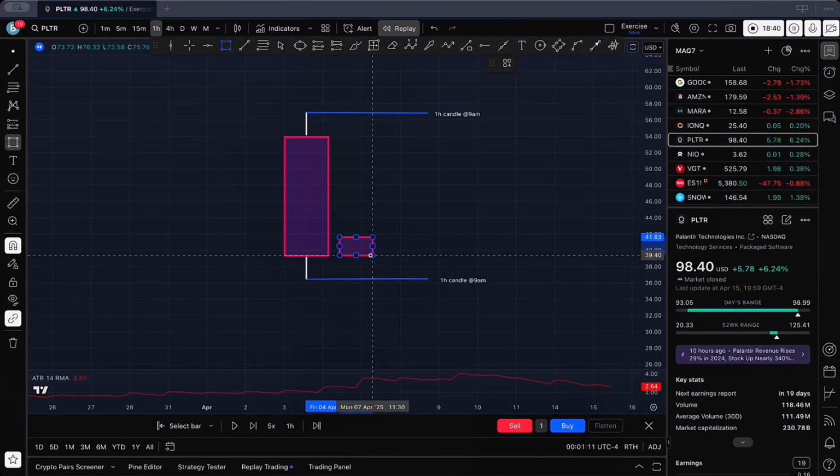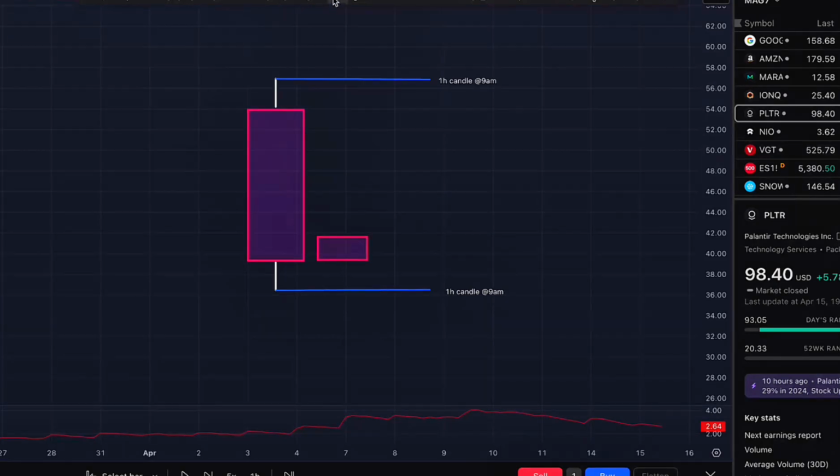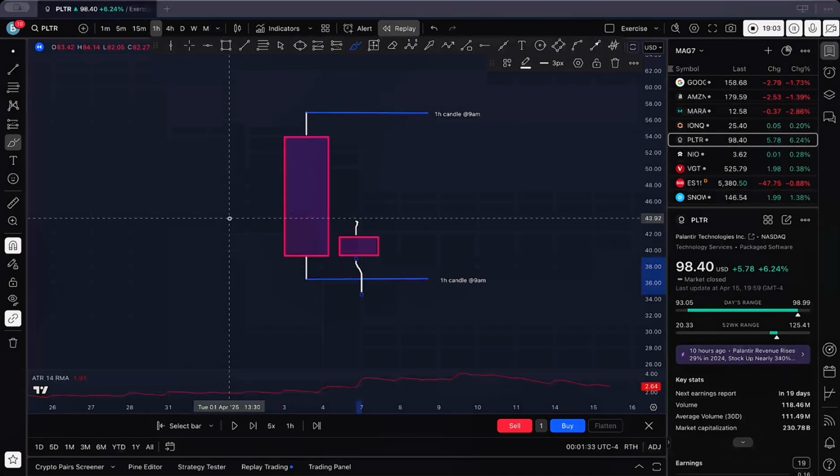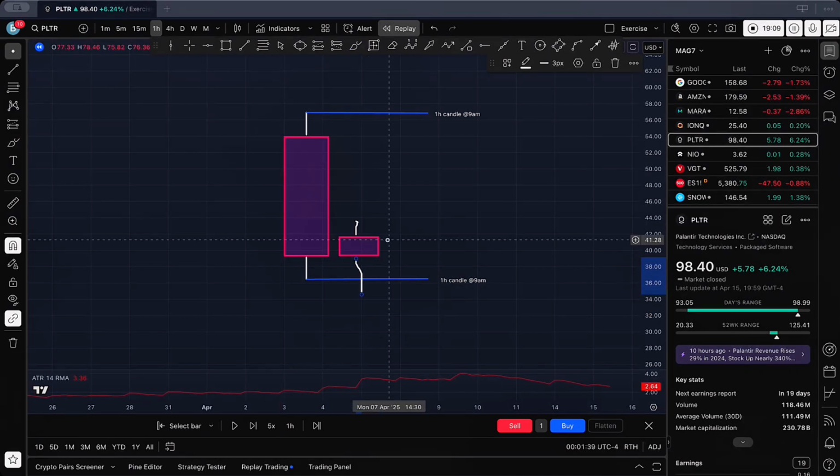And then the second one, let's say that we have another candle here with its corresponding wicks. We have this one here, and we have another wick here. As you can see, this candle has a wick that is longer than the first candle's wick. So it penetrates the liquidity of the first candle.